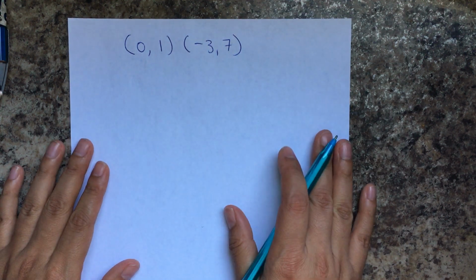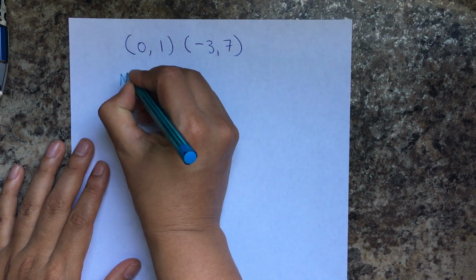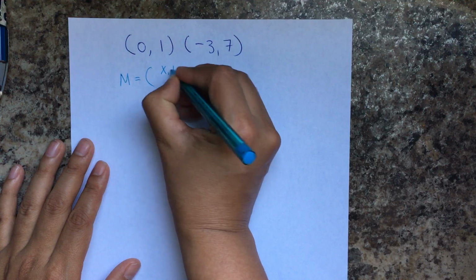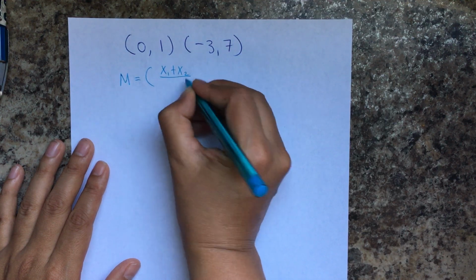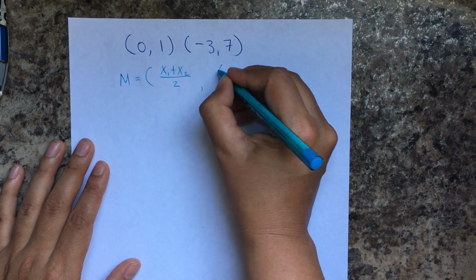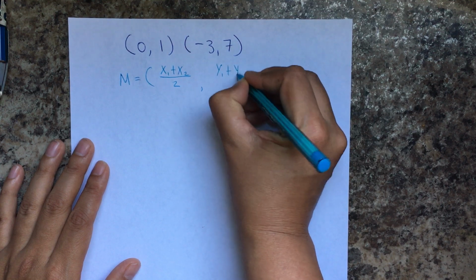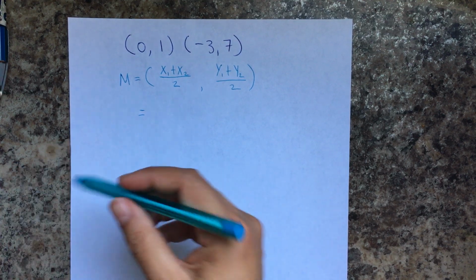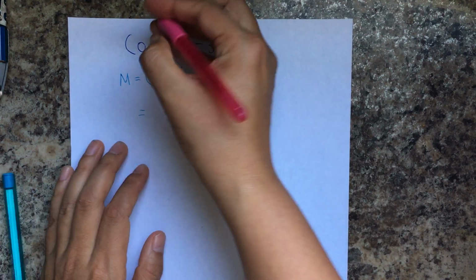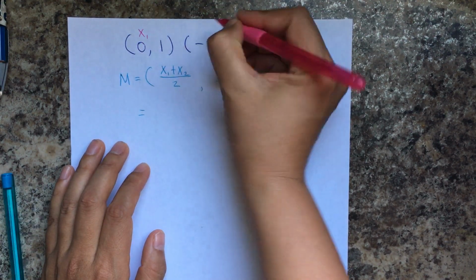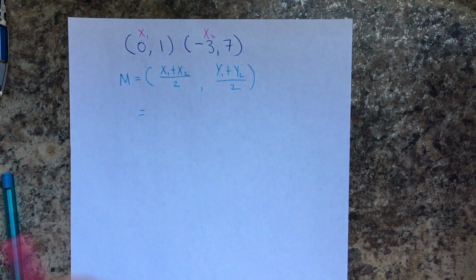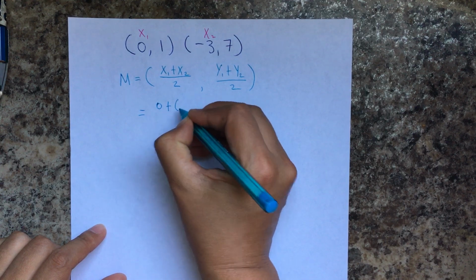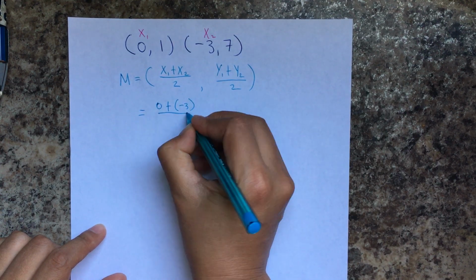And so again, it helps to write the formula over and over, that way you memorize it. x1 plus x2 divided by 2, y1 plus y2 divided by 2. We substitute, remember this is x1 and x2. Okay, we're just looking at the x's. So it's 0 plus negative 3 divided by 2.